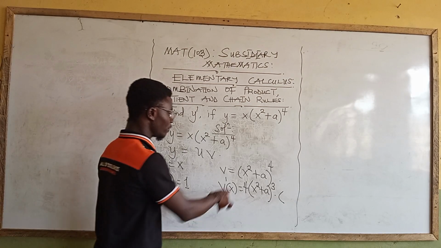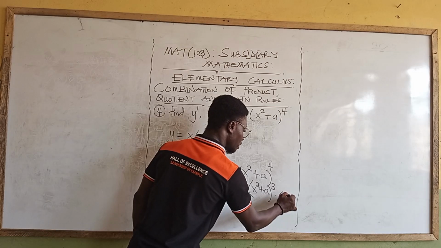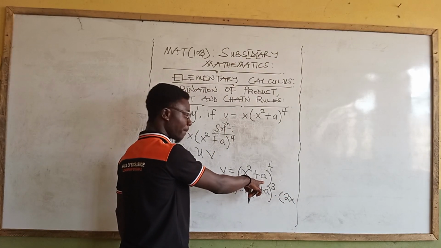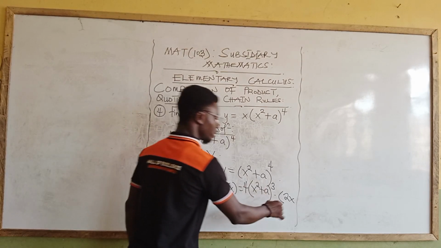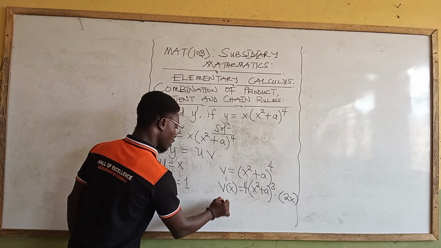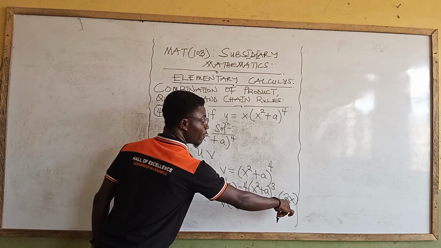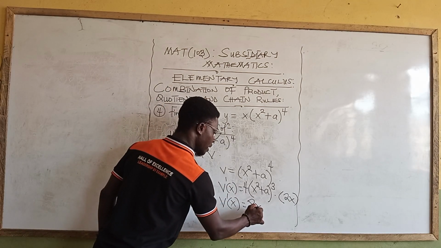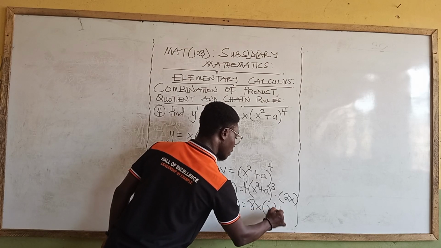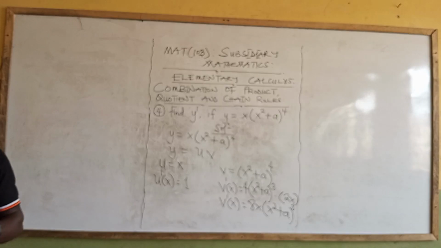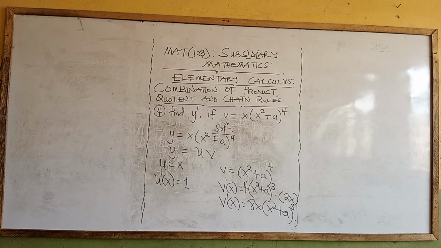X squared, we get 2x. This one is a constant because there is no x term here, so it goes to 0. So I have v prime of x, which is equal to, we multiply 4 times 2x, we obtain 8x times (x squared plus a) to the power 3. Right. Which is very, very simple and very, very trivial as well.